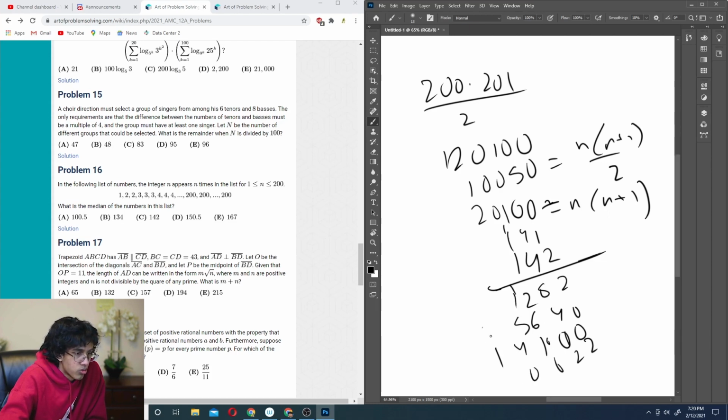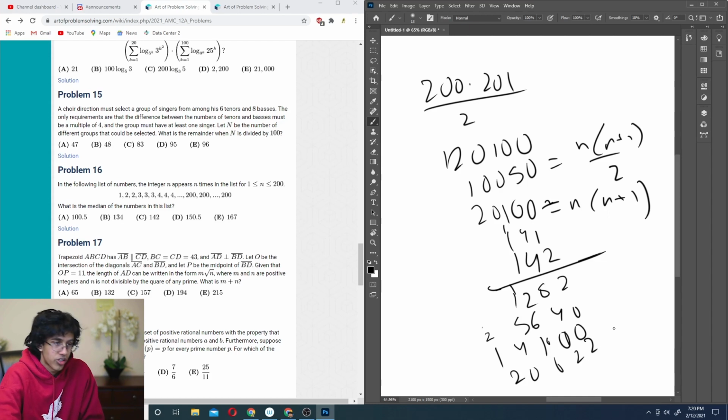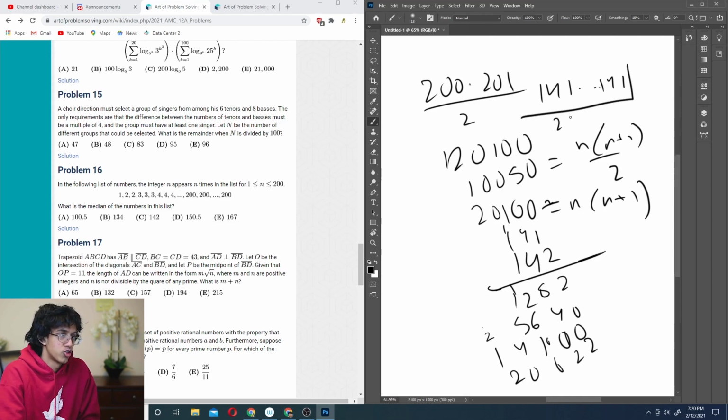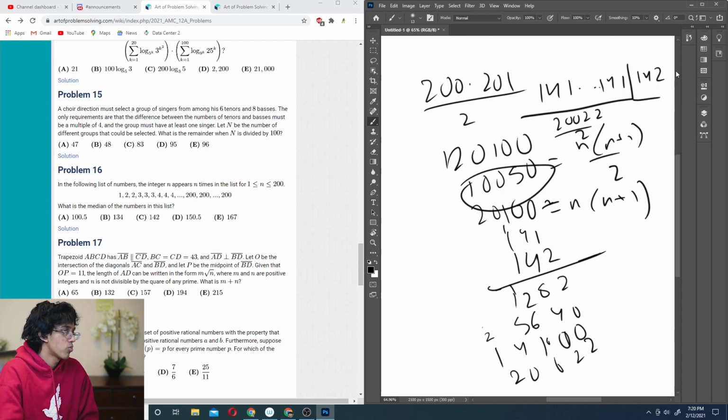Oh, so 20022. Okay, so that's fine. So I guess the next one you go over. So yeah, essentially 141 gets repeated 141 times, and at the end there's been 20022 over 2 numbers. So essentially, when we're trying to find the 10050th number, the next number is going to be that. So it's just going to be 142, which is C.